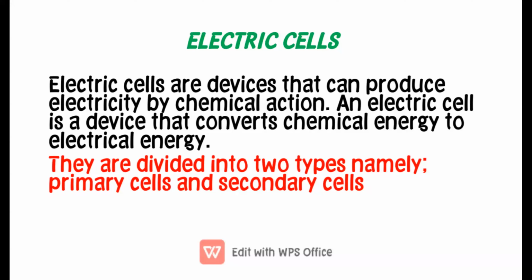So electric cells are devices that can produce electricity, and they are telling us by chemical action. So anything that can produce electricity by chemical action is what we call a cell.